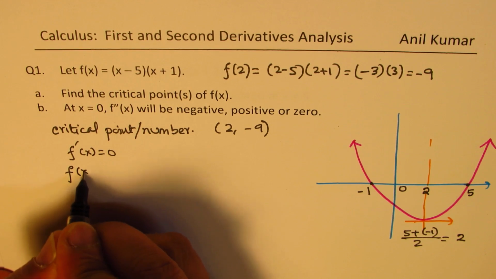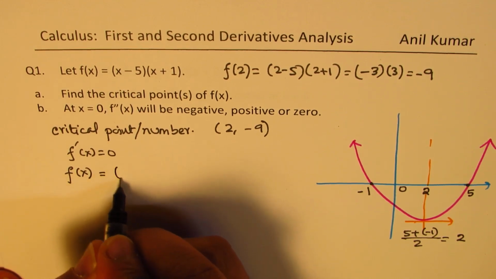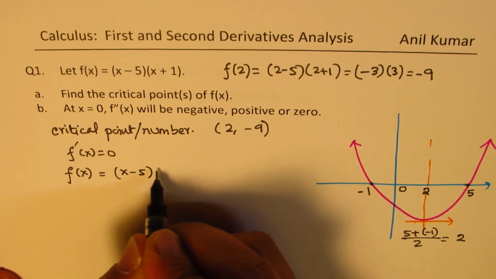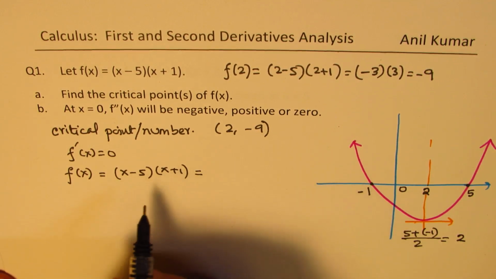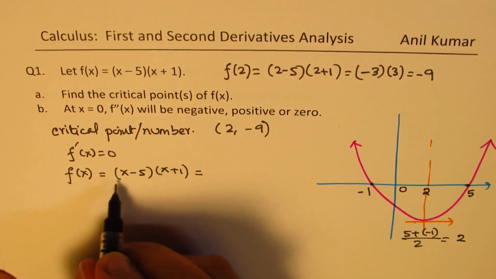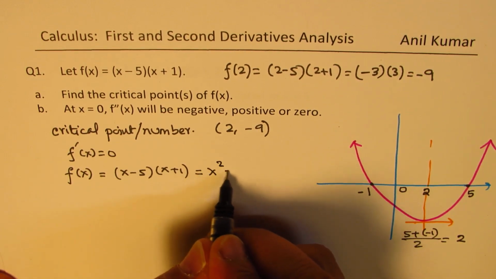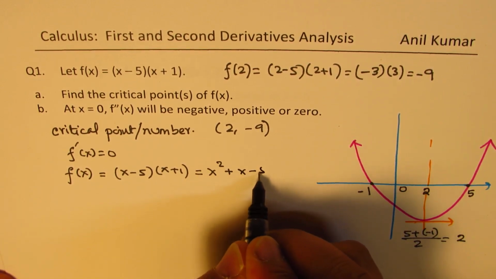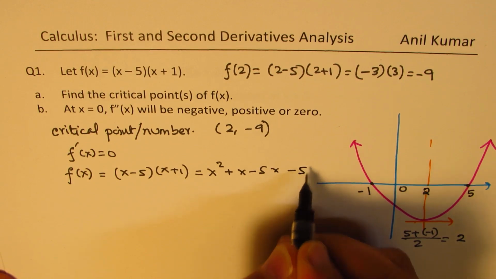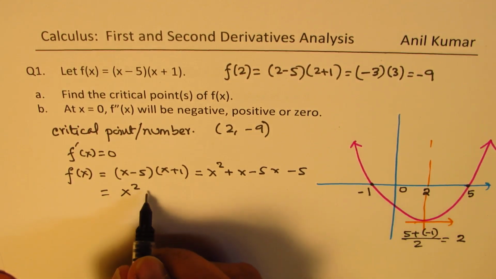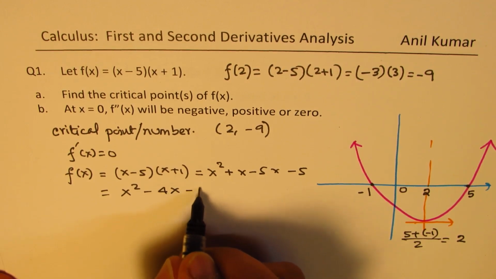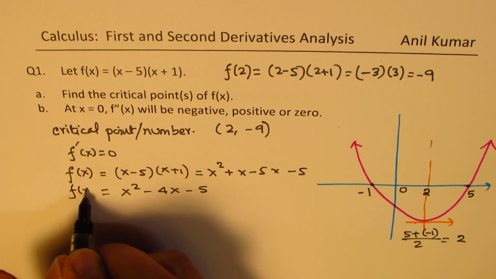We are given the function f of x as x minus 5 times x plus 1. You could expand this. You could also apply the product rule. Expanding, we get x squared plus x minus 5x minus 5, which is x squared minus 4x minus 5. That's the function, right?